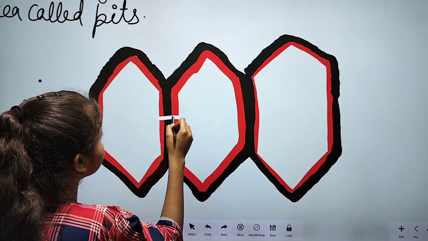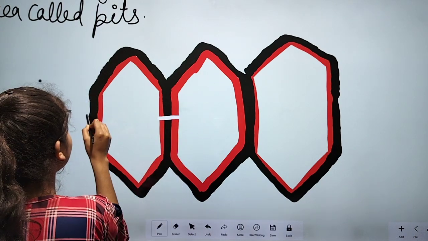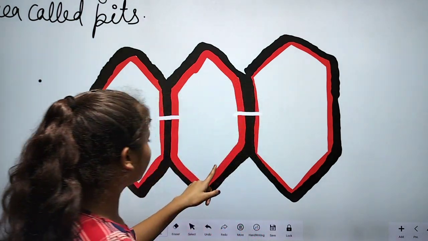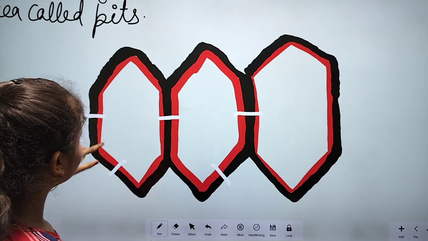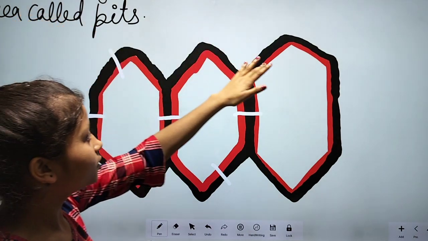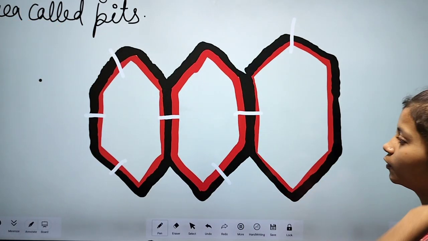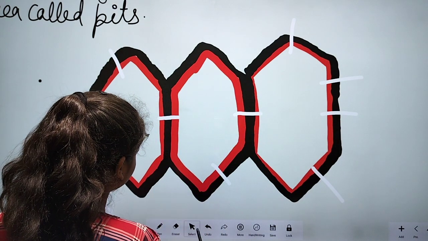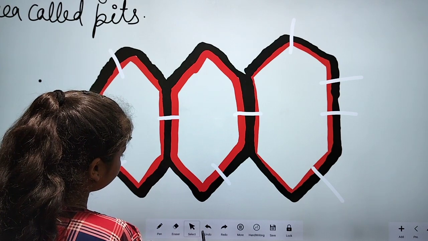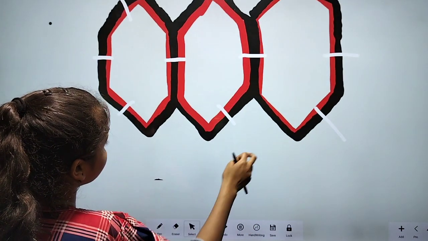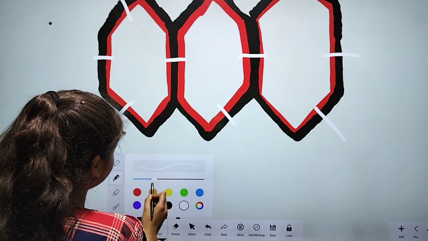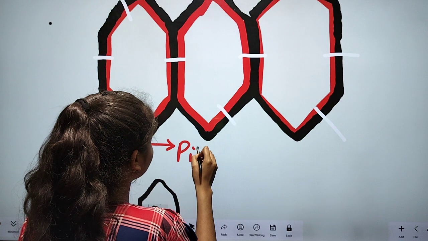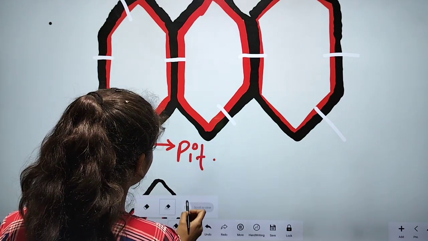A small hole type structure forms, and this hole is called a pit.